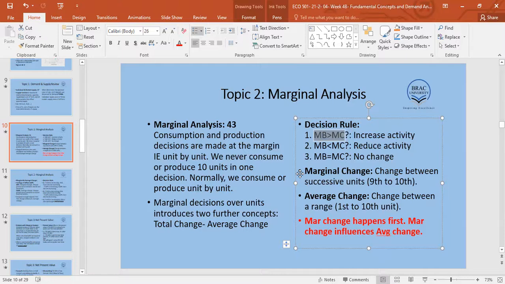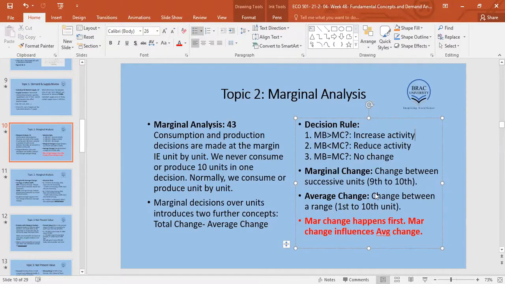So will I buy the first glass of water? Yes. If my additional benefit from consumption is greater than my additional cost, then my net benefit is positive, right? So it is a definite yes.